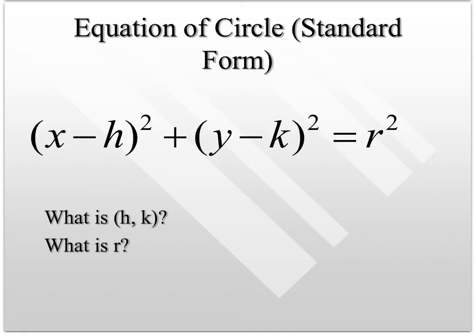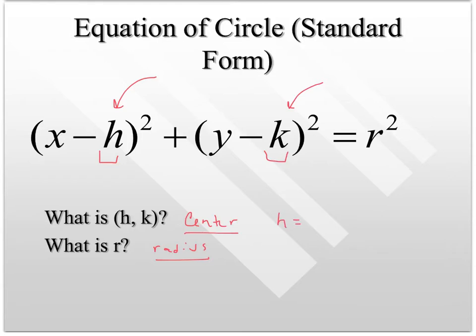And so what we see here, this is standard form. So h and k right here is the center, and r is the radius. Not something new, but the one thing that you need to understand is that we use h and k to discuss the center of the circle.